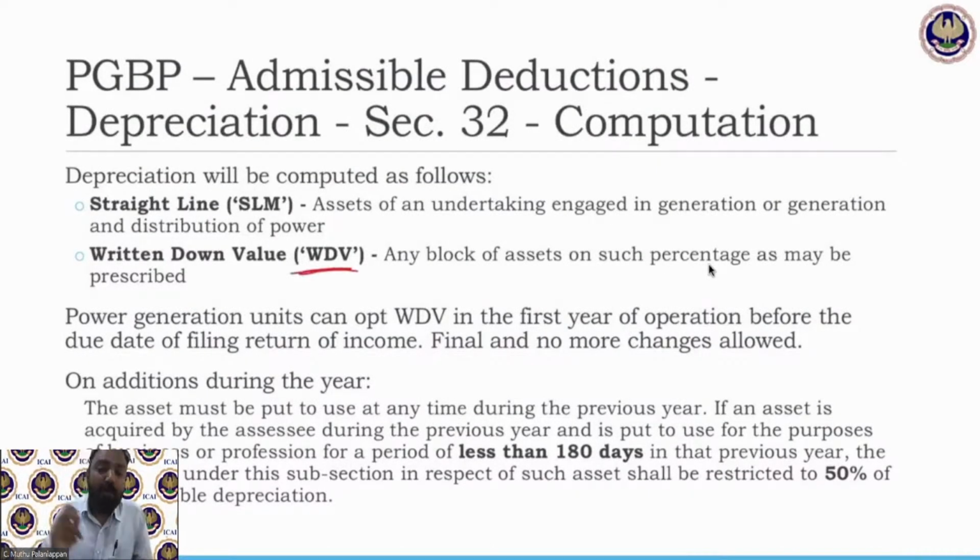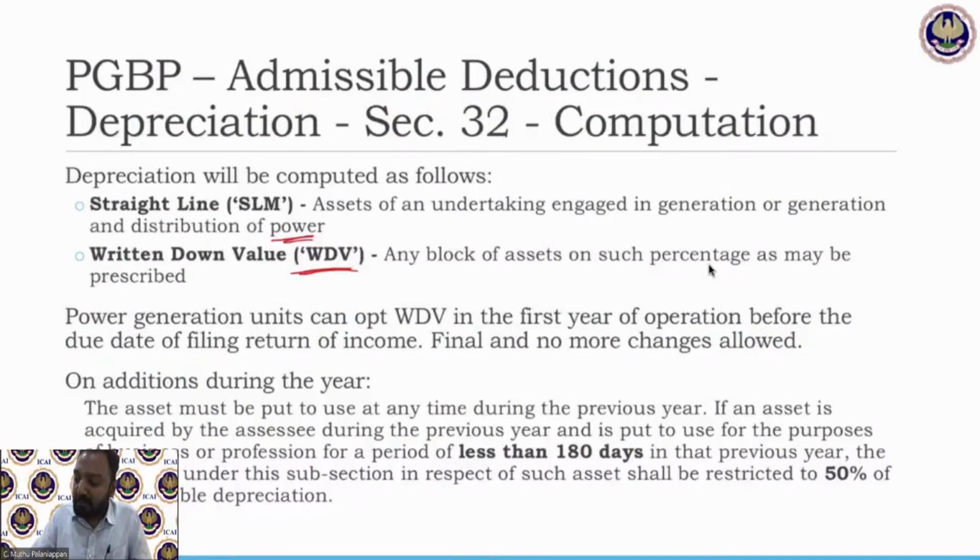Income tax provides the written down value method. But if it is in the business of generation or distribution of power, then depreciation can be provided on the straight line method also. So a power generation unit can provide depreciation on the straight line method. Every other business will provide on the written down value method.